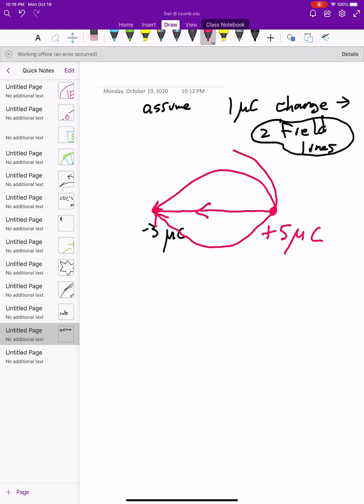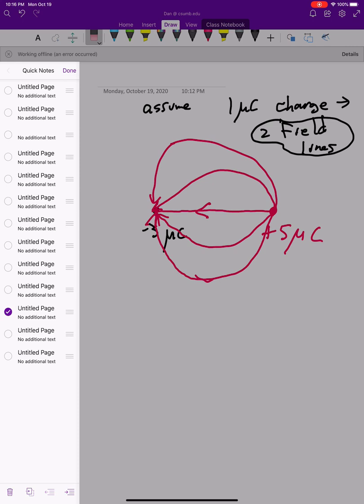And then I'll have something that does something like this, probably. It should be symmetric. I'm going to try to fix that. Okay, so now I've accounted for 5 of them coming out of this one.